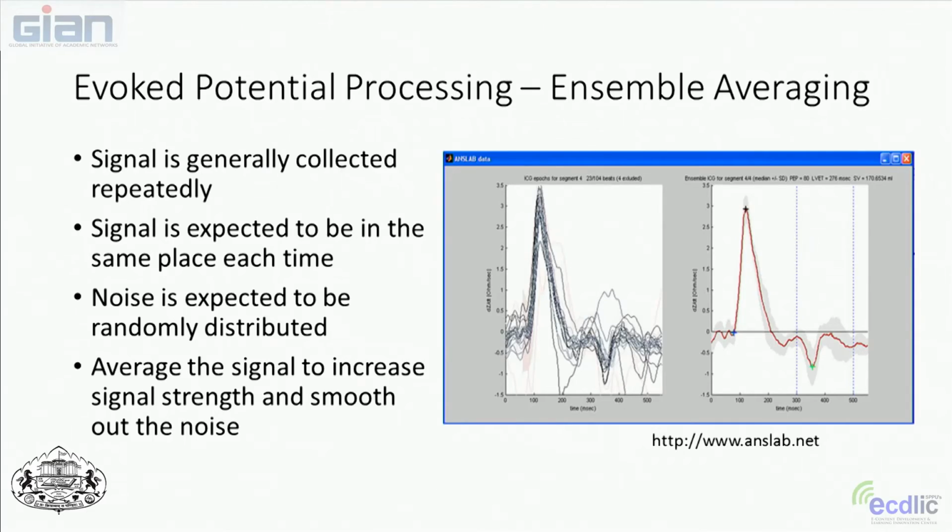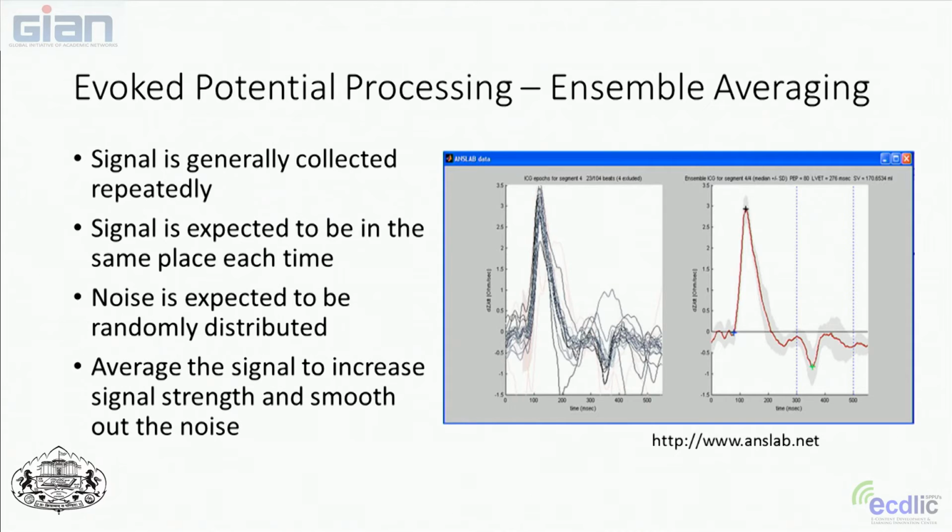So when you collect evoked potential signals, they're often noisy. And one thing that you can do to reduce this noise effect is what's called ensemble averaging. So you collect a signal over and over again, and you expect that you're going to get the same signal each time that you collect it. And you also know you're going to get some noise in there. So you assume that the noise is randomly distributed. So you're assuming that it's white noise, and if you sum all the noise up, it's going to equal 0 because it's just random.